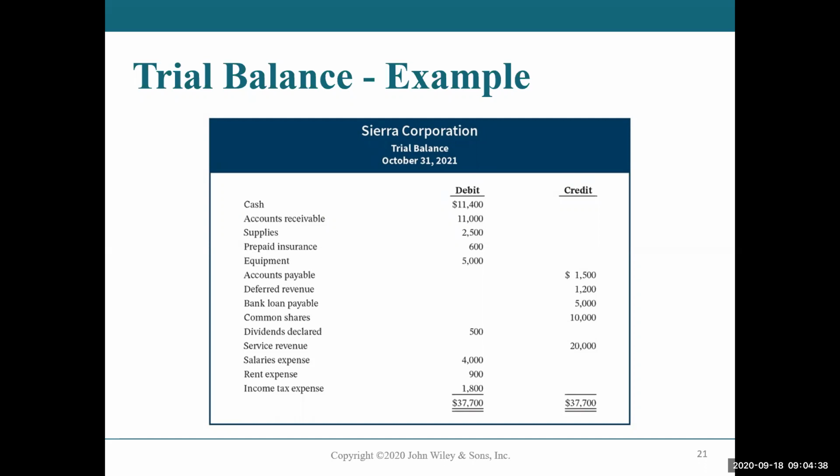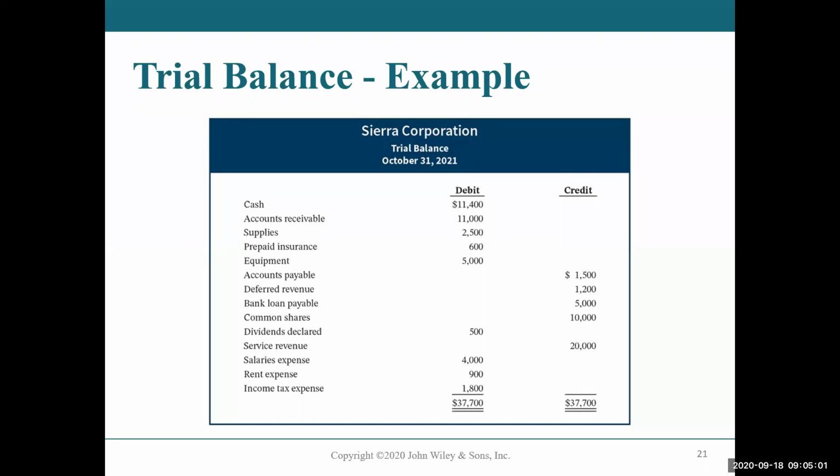The whole idea of a trial balance is to make sure that there are no visible errors when the journal entries were posted. One of the checks of a trial balance is to make sure that your total of debit equals your total of credit. It always has to align.